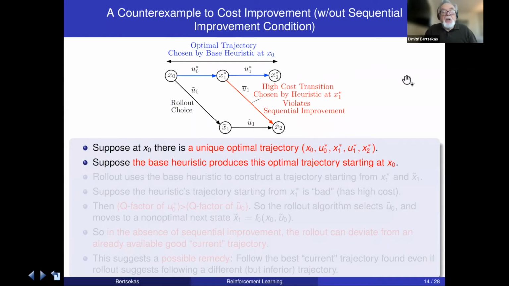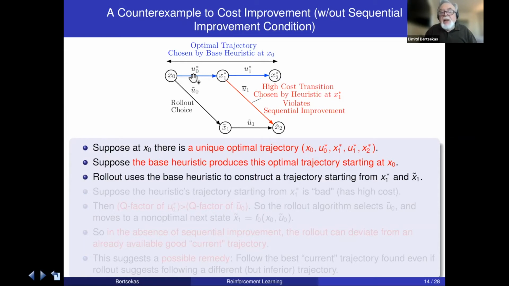How do I do that? Well, okay, it happens by accident, let's say. And the base heuristic can be anything, right? It can be any control assigned at any state. So it's possible, certainly, to generate by accident the optimal trajectory. Now, what will the rollout algorithm do at x0?